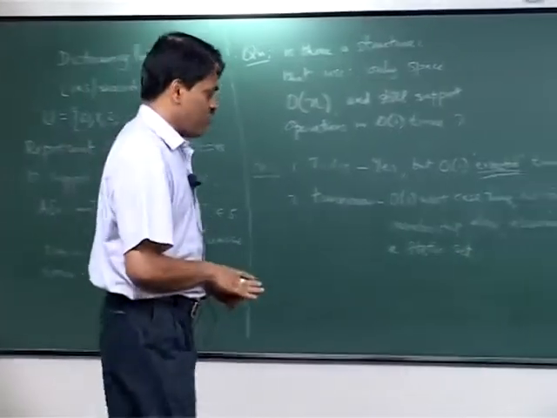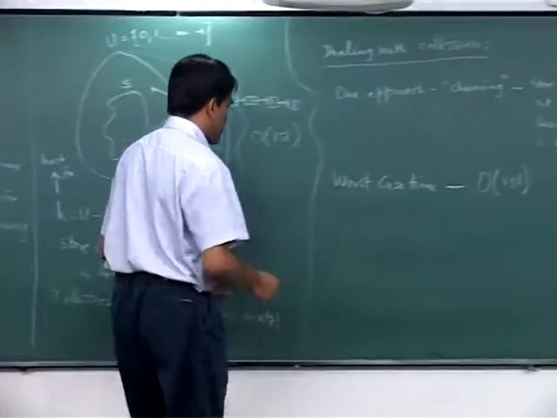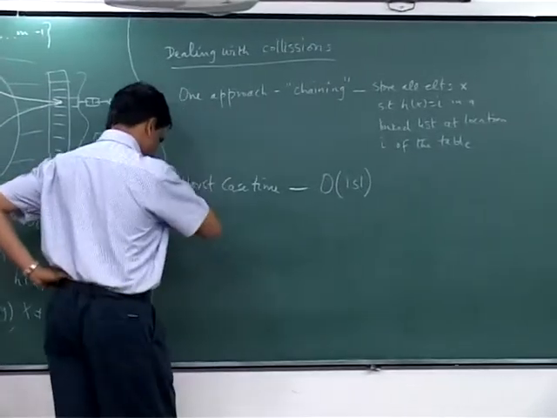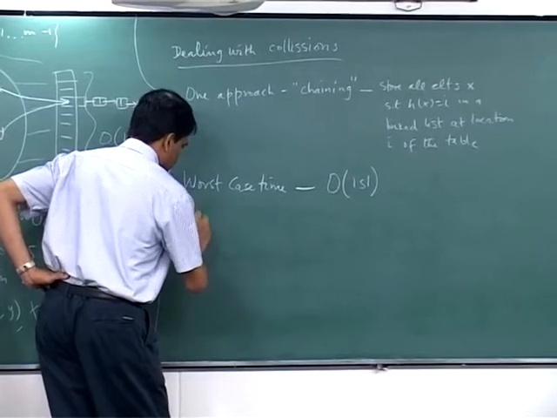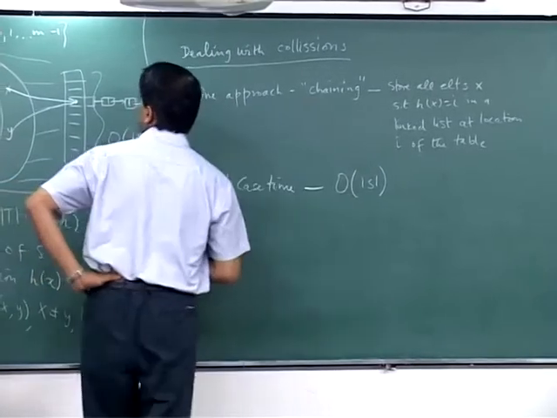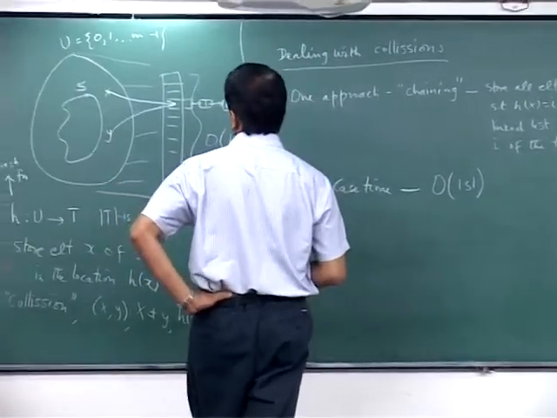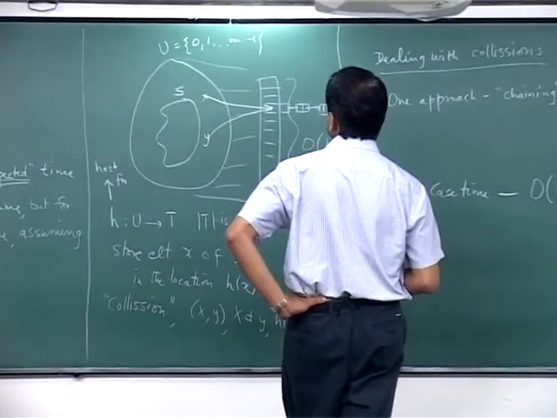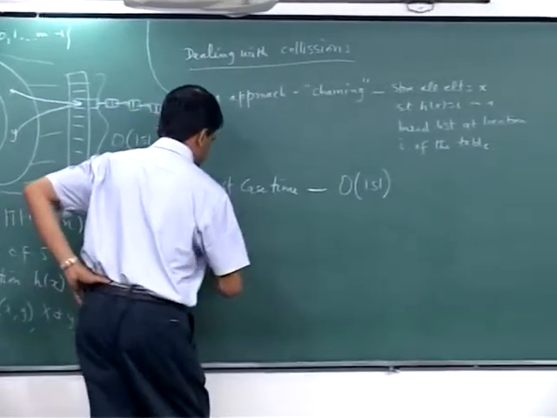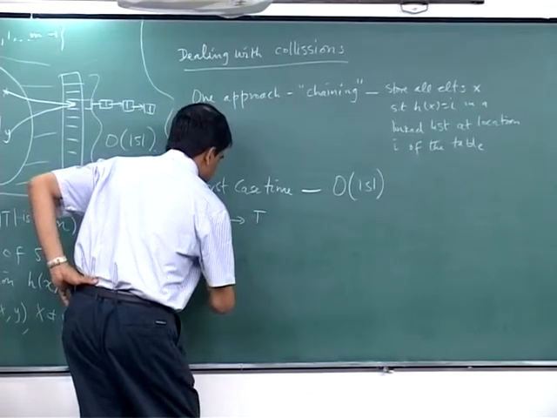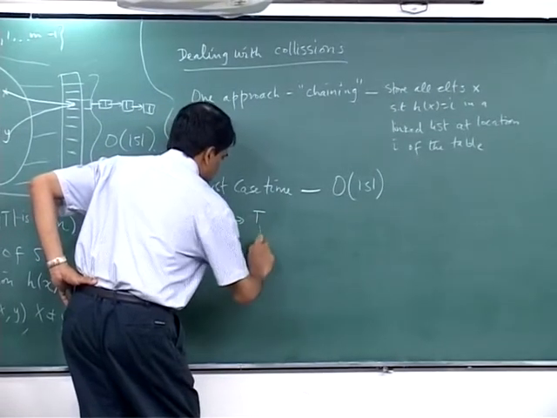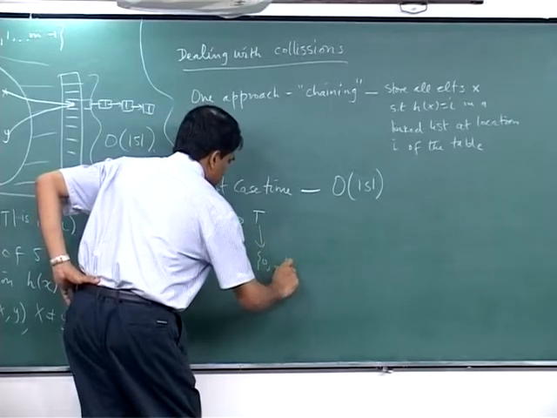So suppose I think of a function as simple as the following. Let's say U is 0 to m minus 1, the universe, and this is 0 to t minus 1.